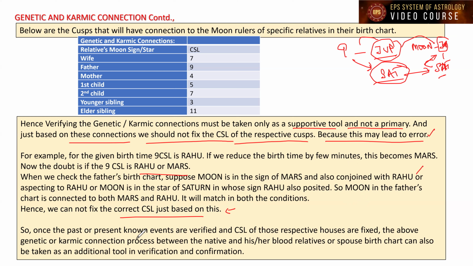But once past events or present known events are verified and the cuspal sublords of those respective houses are fixed, which we will discuss in the next video, the above genetic or karmic connection process between the native and blood relatives or spouse birth chart can be taken as an additional tool in verification and confirmation. So this can be a supportive tool, but not the primary one.